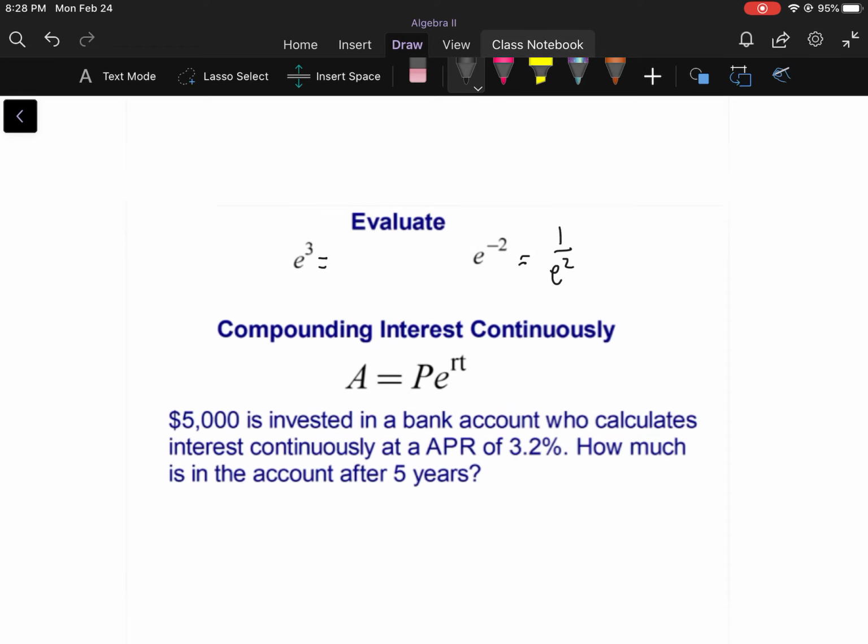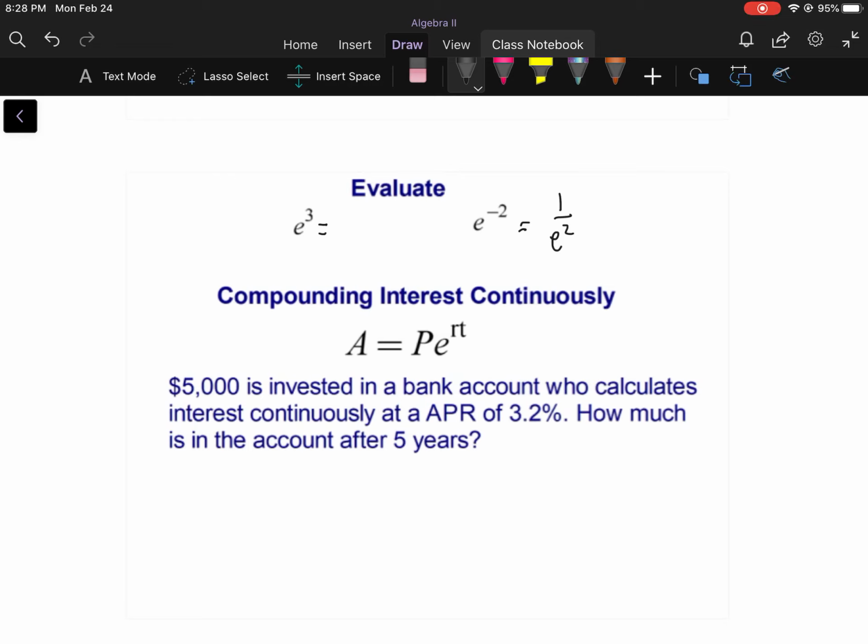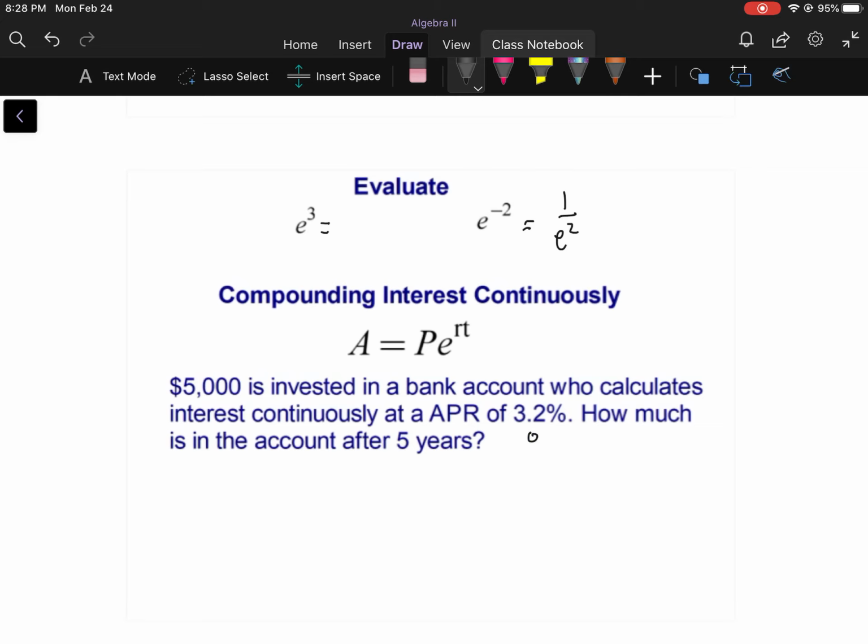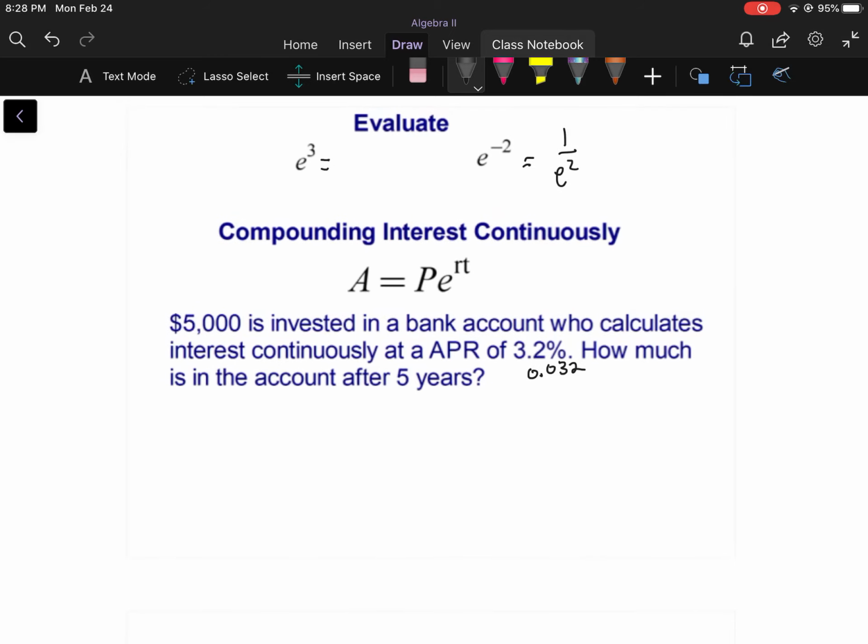But the idea is if you have continuously compounding interest, so let's say I've got $5,000 and want to invest it in a bank account that calculates interest continuously. The APR is 3.2%, so I'll convert that percent into a decimal, 0.032. How much would be in the account at 5 years?